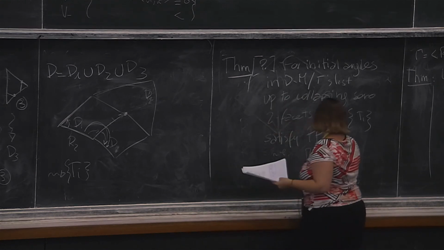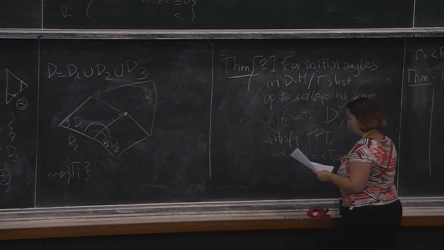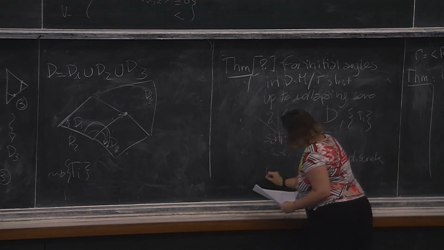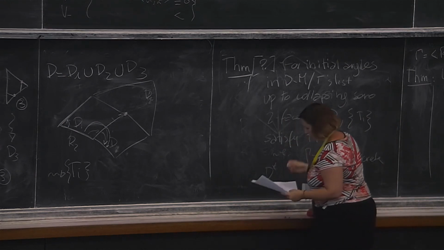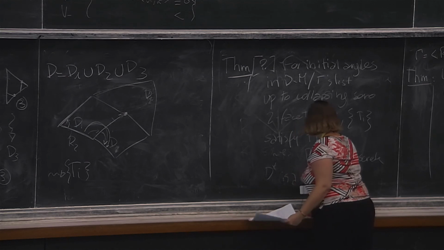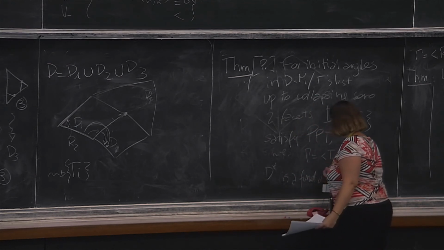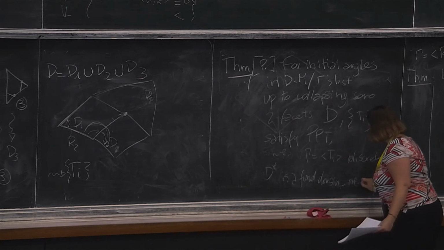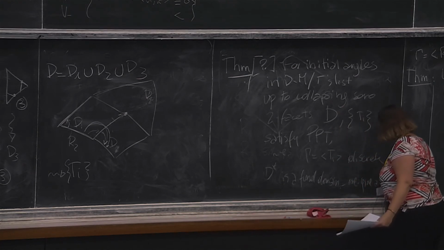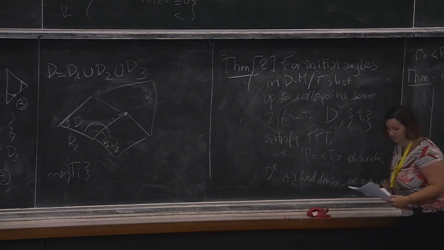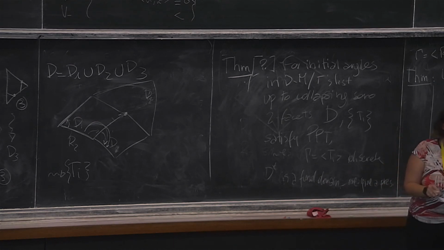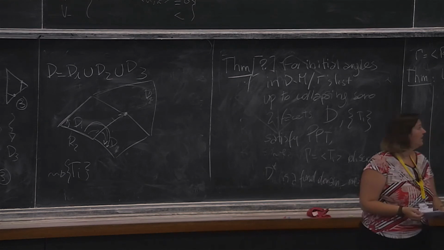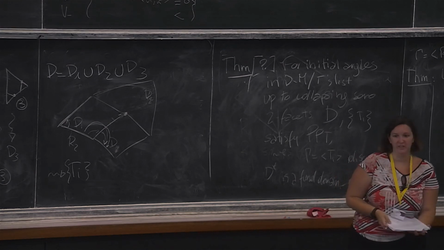So the group gamma generated by the T_i is discrete. D star, up to collapsing, is a fundamental domain. And we can give a presentation. And it's too long and not very meaningful to write, so that's it. Okay, so I think I can stop here.